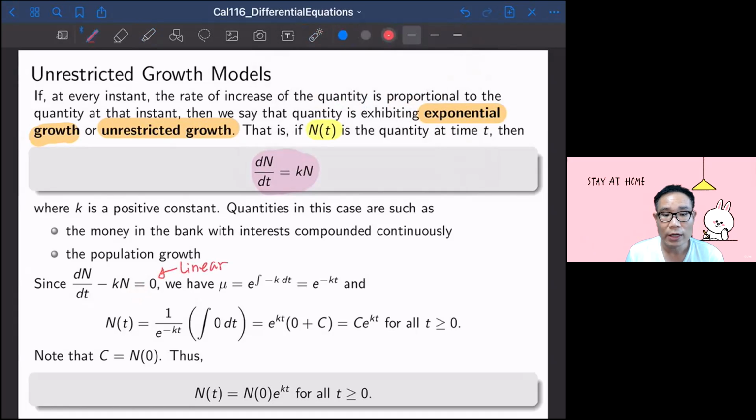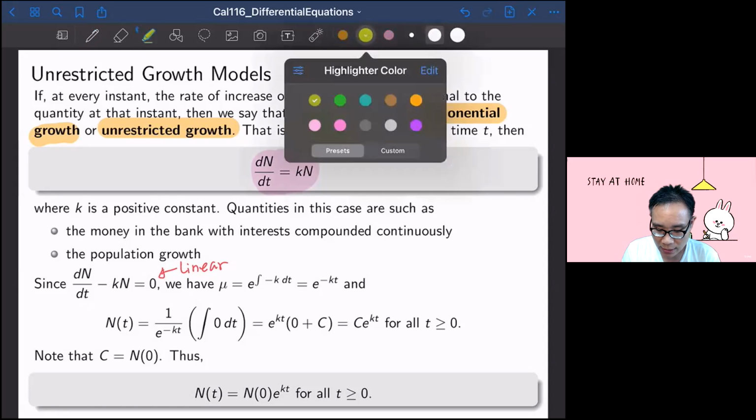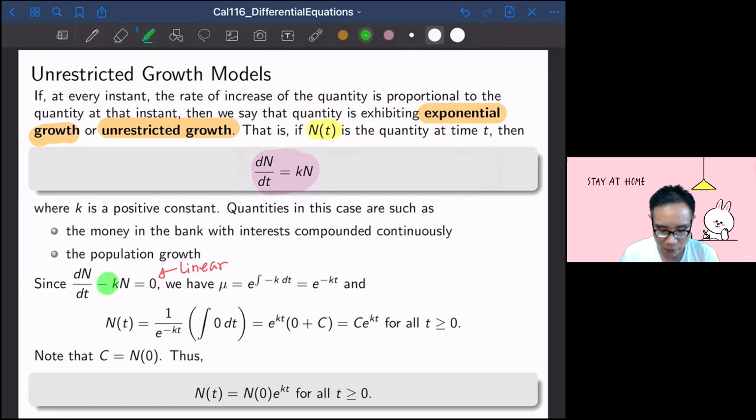You have P equal to negative k and Q equal to 0, like we had before.